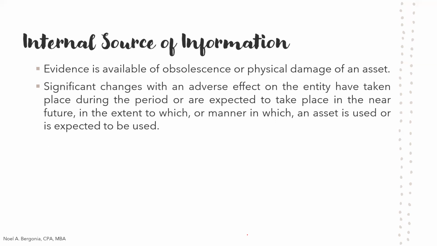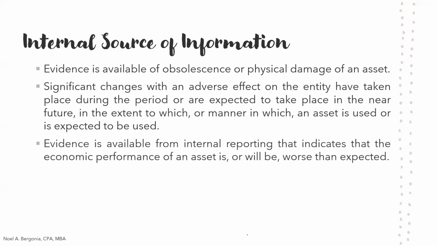Okay, so that is internal source of information. And we have also some internal reporting indications, which I mentioned a while ago. So those were some of the indicators or sources of information which would indicate that there could be an impairment of the assets.